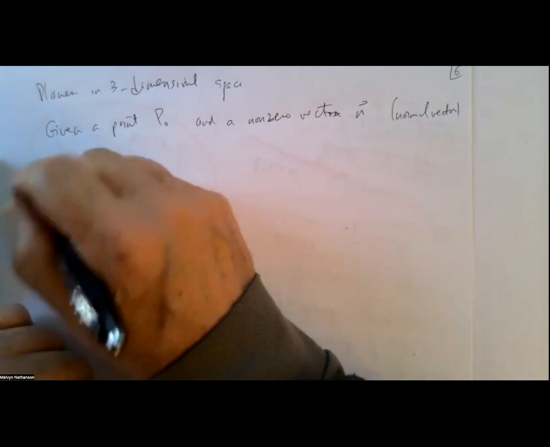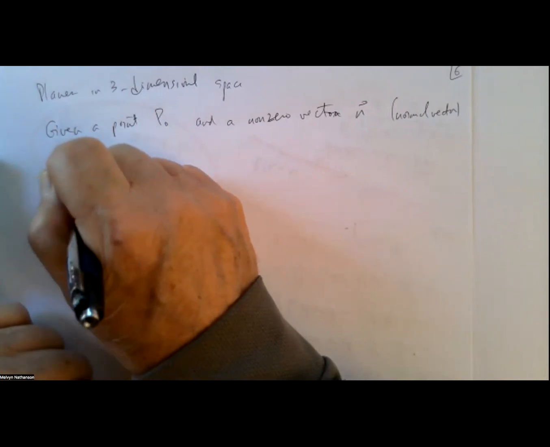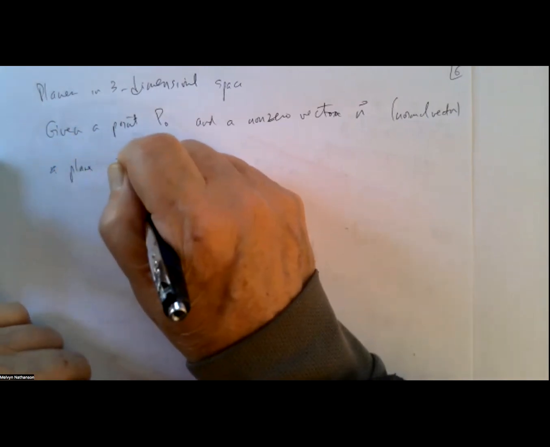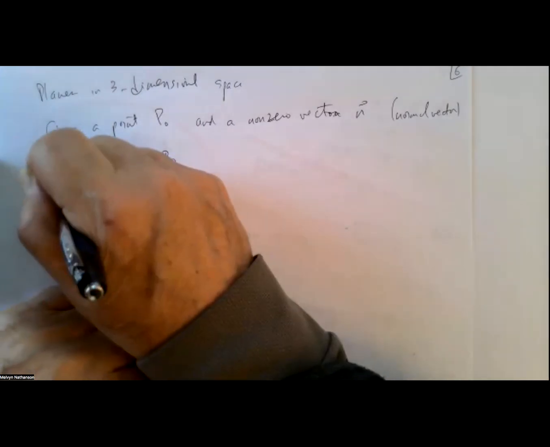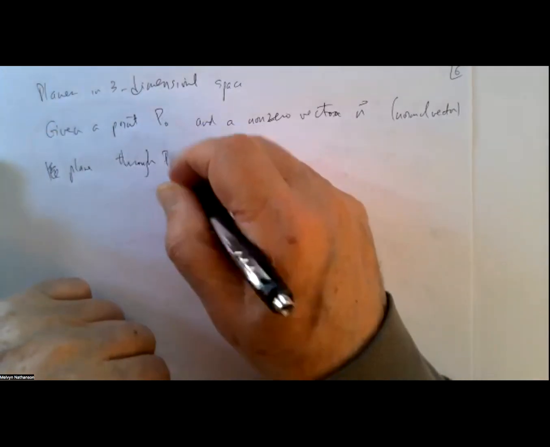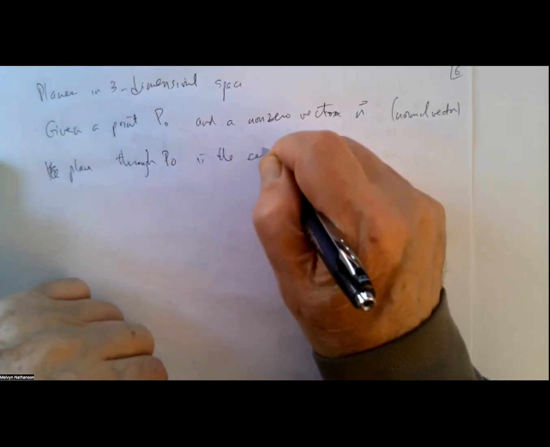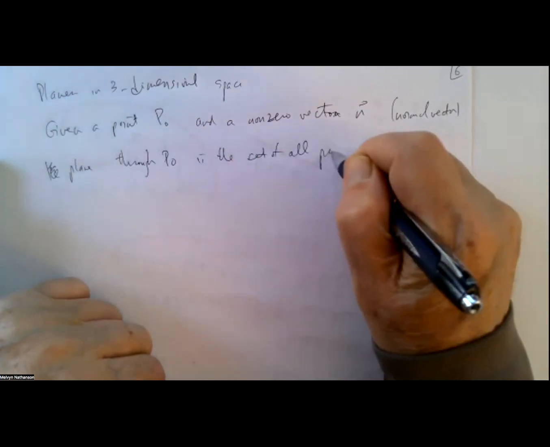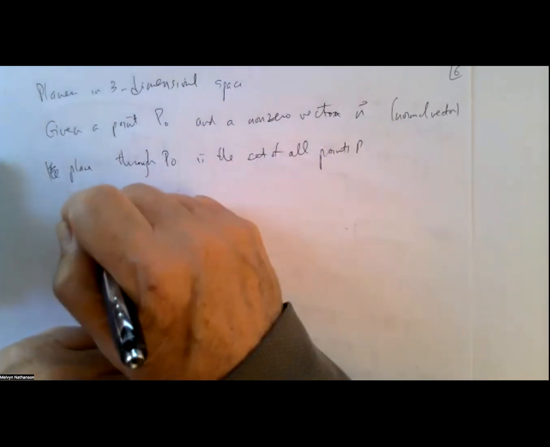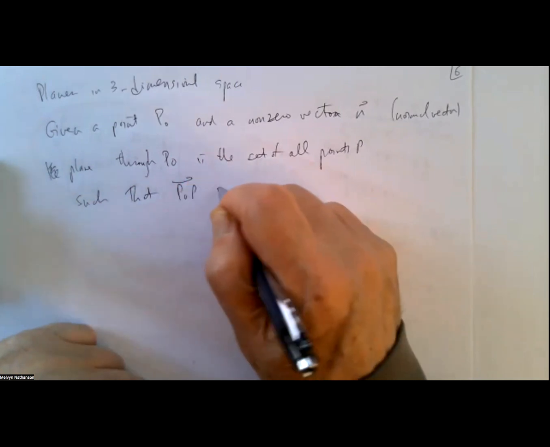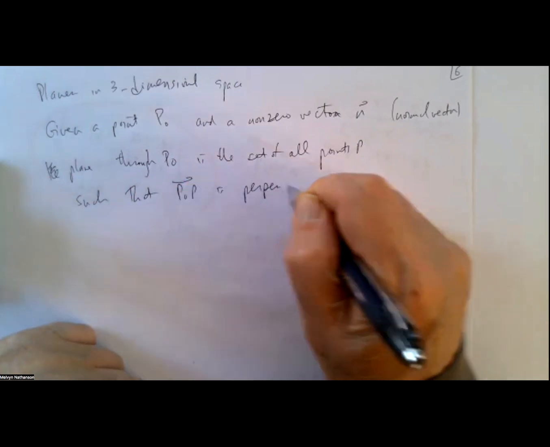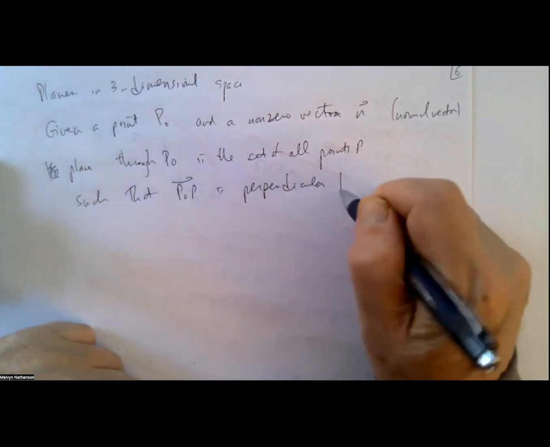So with this, we obtain the plane through P naught. So the plane through the point P naught is the set of all points P such that the vector from P naught to P is perpendicular or orthogonal or normal to this vector n.